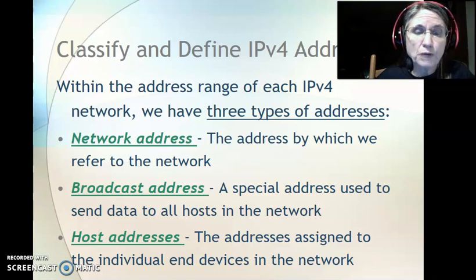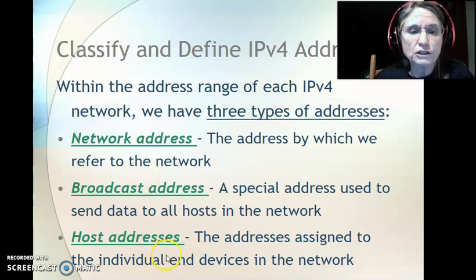It's the address by which we name the network. The broadcast address is a special address used to inform the router that we'd like to talk to all the hosts in the subnet. And then, of course, each addressable device in our subnet is assigned a host address.